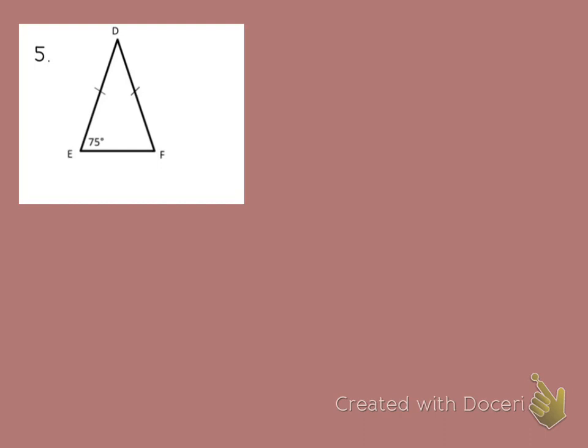Let's do that again. Here we have two tick marks right here and right here, so that's telling me that those sides are equal. And remember, when our sides are equal, our angles are equal. So if that is 75 degrees, this also is 75 degrees, and then we don't know what angle D is. But we do know that all three angles in a triangle equal 180 degrees.